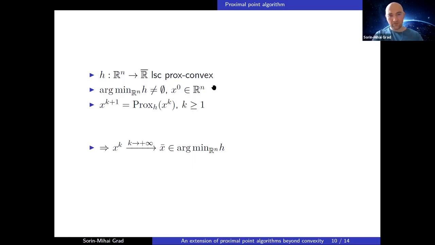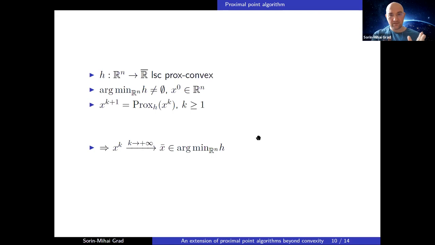We have shown, by mimicking the proof from the convex case and changing where necessary, that for LSC prox-convex functions, the classical proximal point algorithm still converges towards a minimum of h.